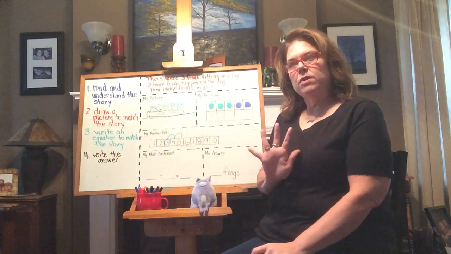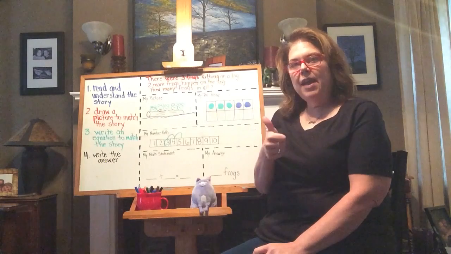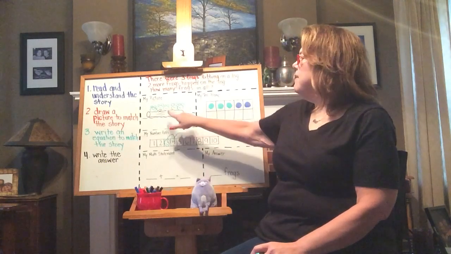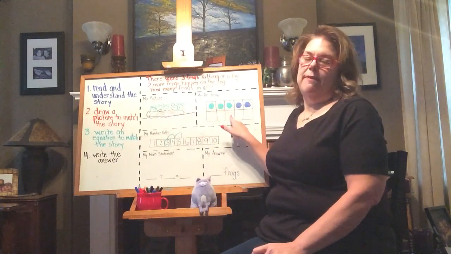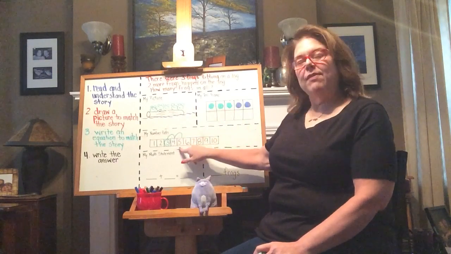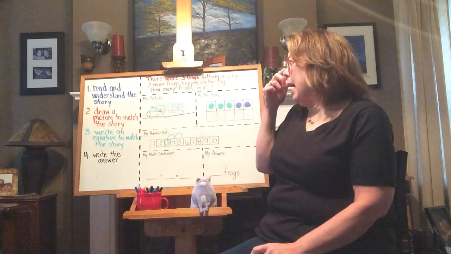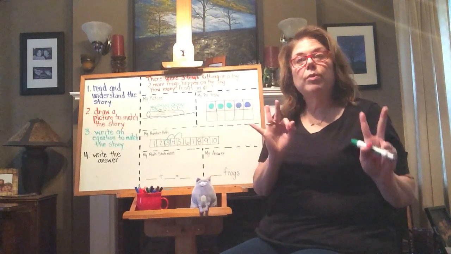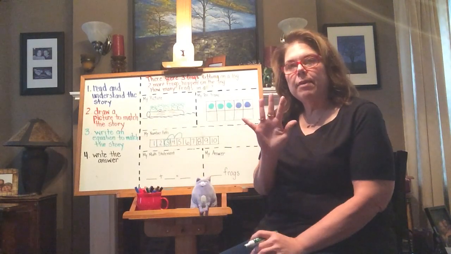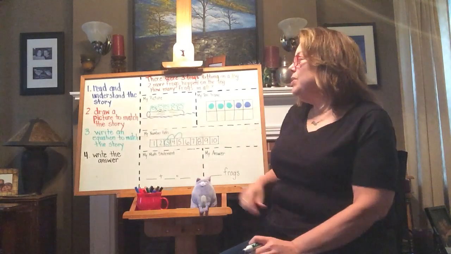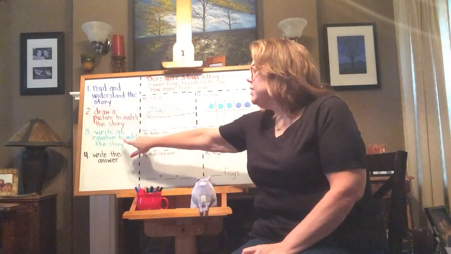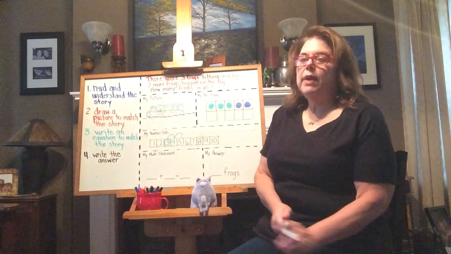Is that how many frogs are on that log? Yeah, thumbs up. So far we have 5 in our picture, 5 in our 10 frame, and we found the number 5 when we did our number path. So that tells me that when I take 3 and I put 2 more with it, I'm going to get the number 5.